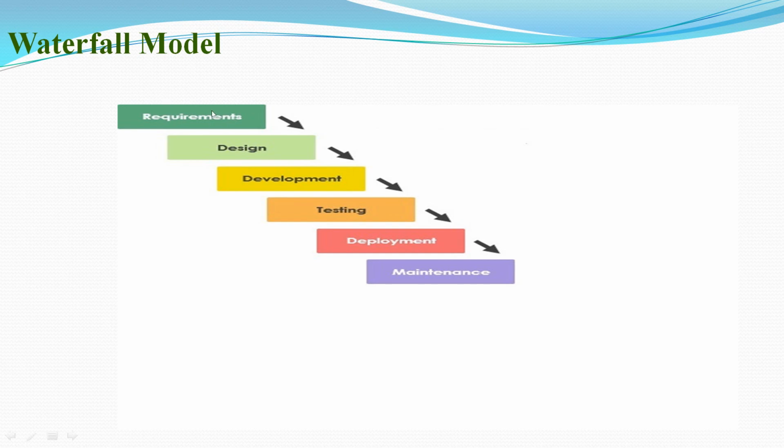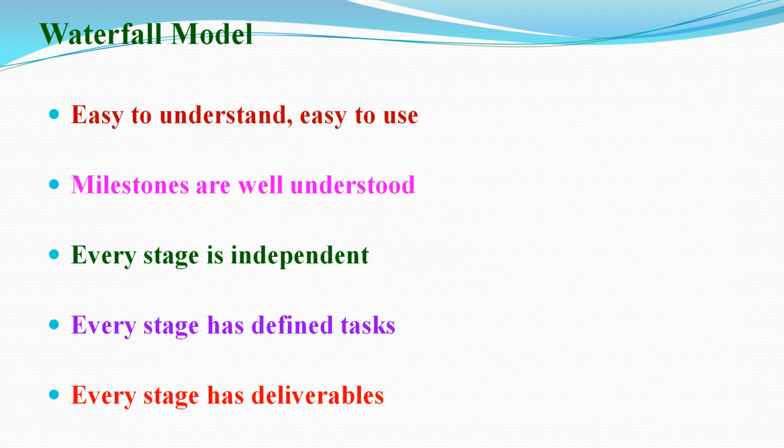This is a document. For the design phase, what are the deliverables? High level designs and low level designs. In the development or coding phase, code is the deliverable. In testing, testing artifacts are the deliverables. Like this, each and every stage will have deliverables.